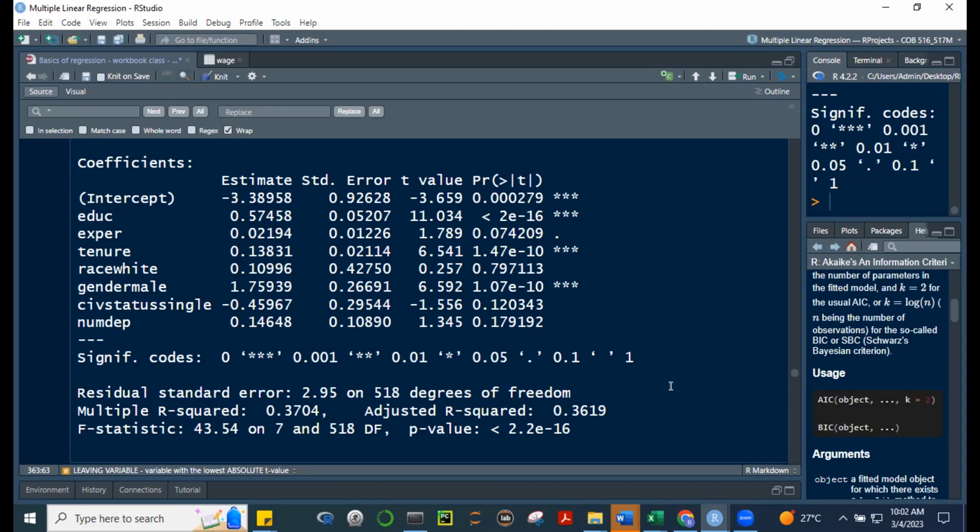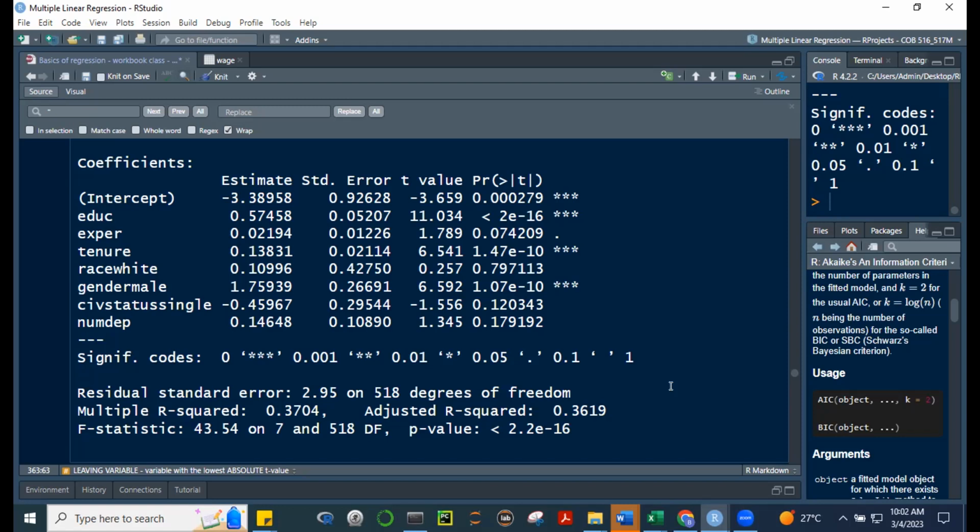Sorry? NumDep, number of dependents? Maybe there is a lower one. Because the absolute value is 1.3, compared to civil status single at 1.5. How about the race? Oh, race white, sorry. It's okay.